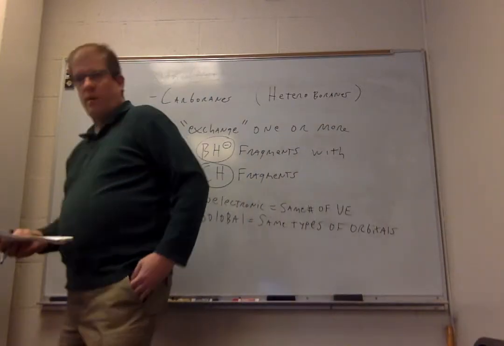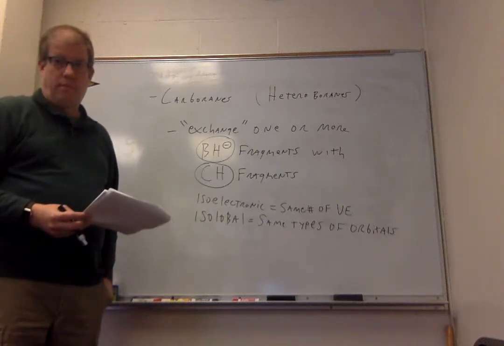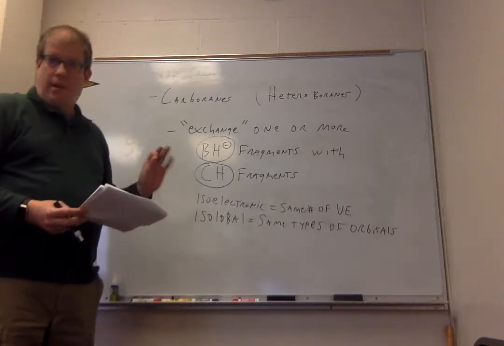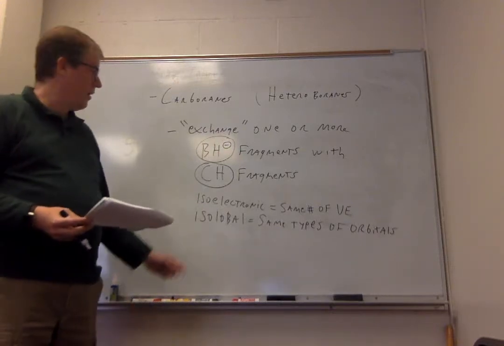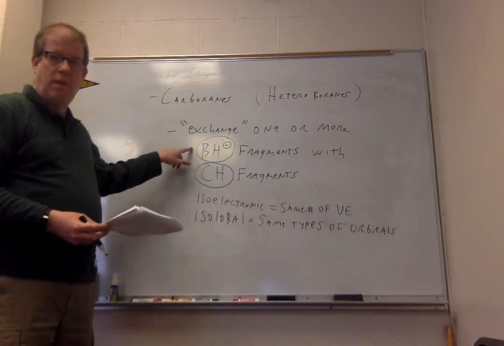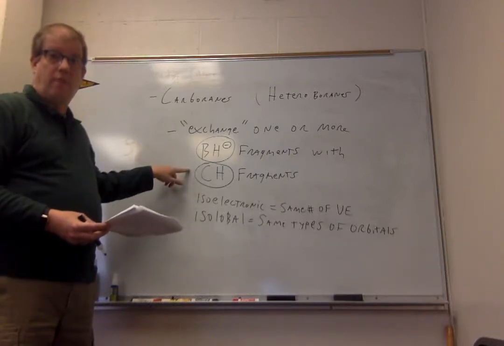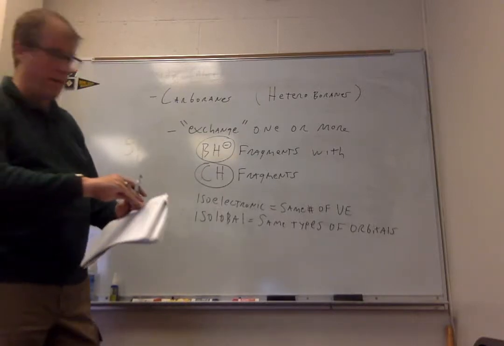They have those electrons disposed in the same types of orbitals. And because of that, you can, chemically, in fact, substitute one of these for one of these, exchange a BH minus with a CH. And that's how these things are actually prepared.